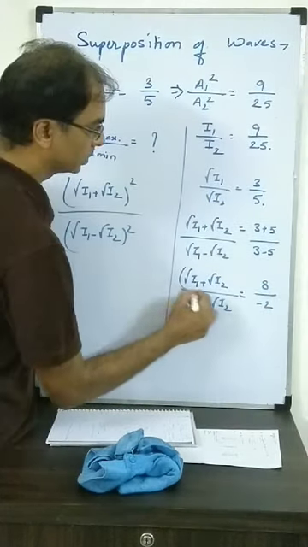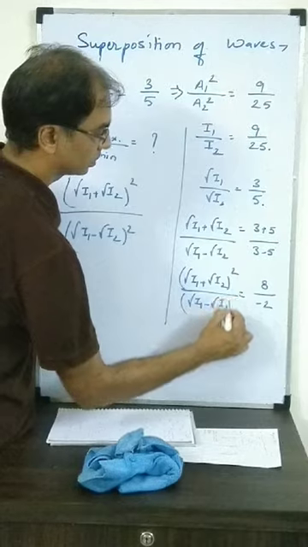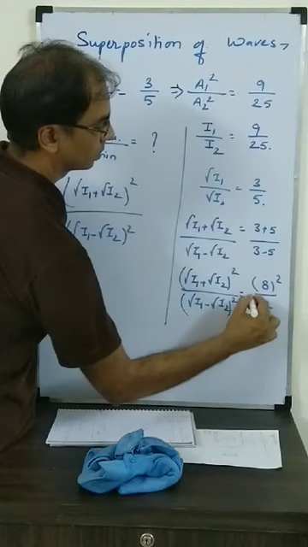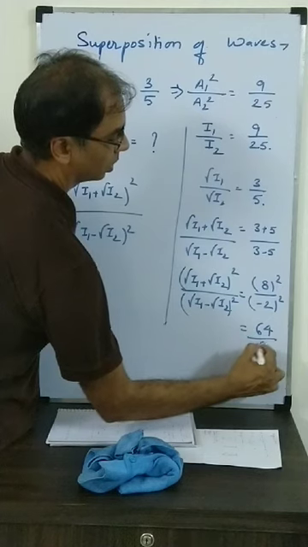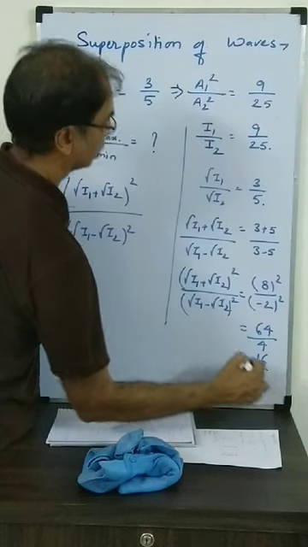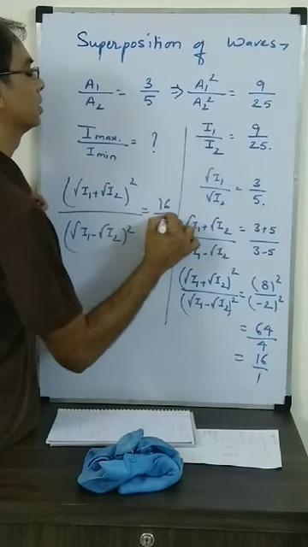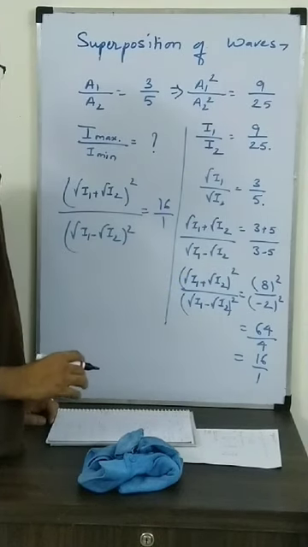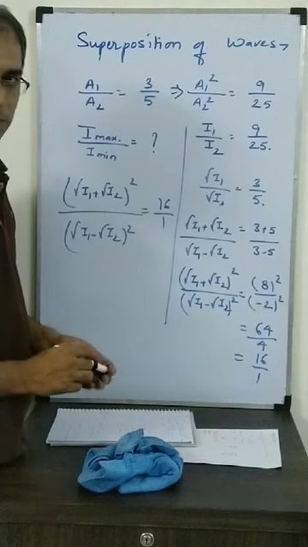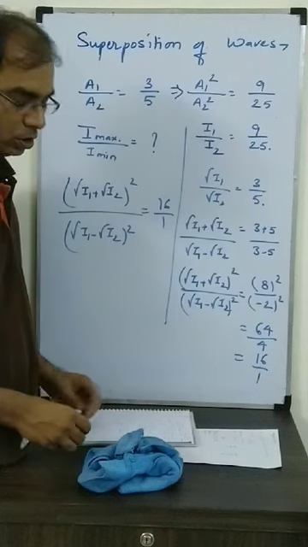Now I square that, so this becomes 64 and this becomes 4. Our answer is 16:1. Okay, this is the way to calculate it. So that's all for now, that is superposition of waves.